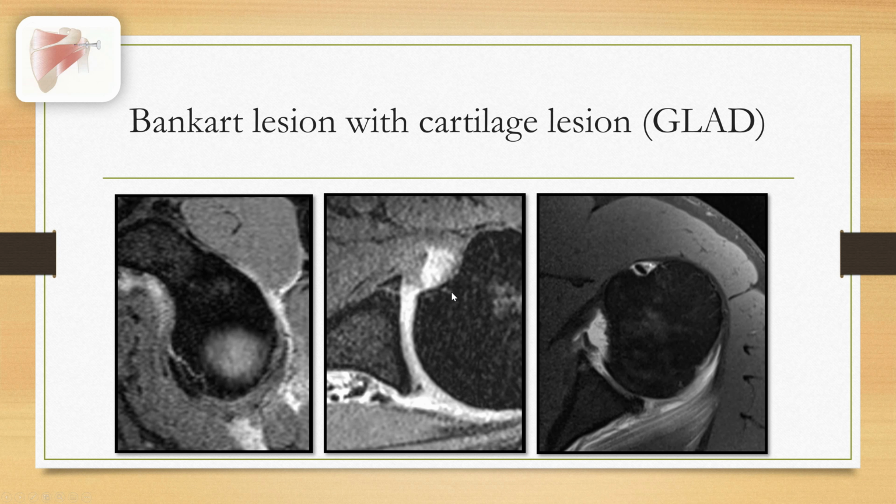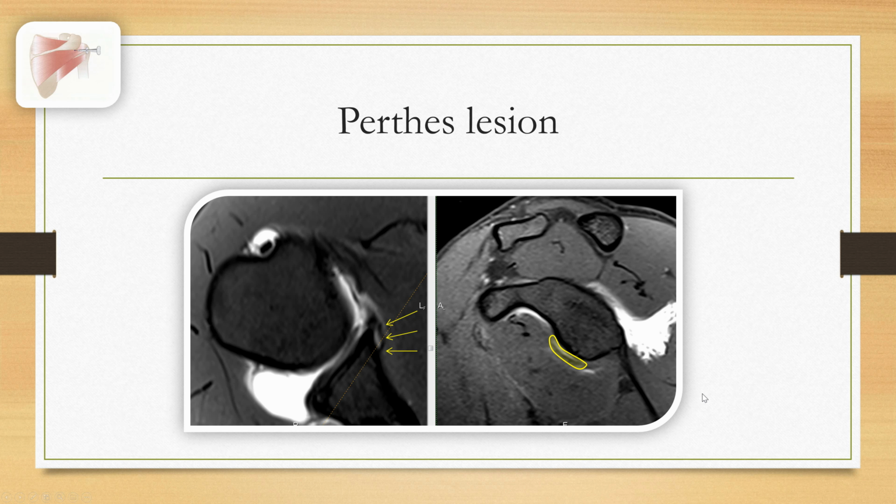This is a Bankart lesion with some cartilage lesions nearby. It's a GLAD lesion. You see the fissure of the bone fracture. You see fluid that we injected, and because of this fluid, you see very well this cartilage lesion.